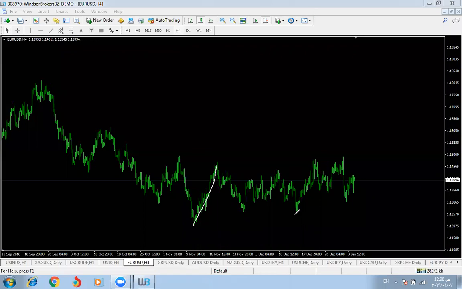Then we have this corrective structure in the form of an expanded flat. This is an expanded flat for the dollar. So we are expecting the price to move to the upside. This is a very nice entry point to long the euro.